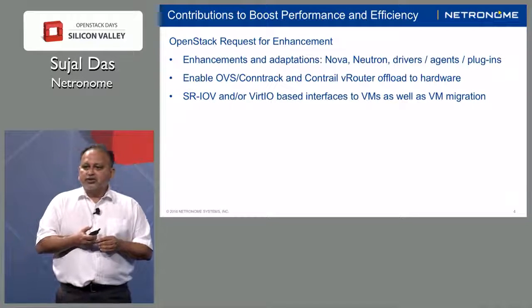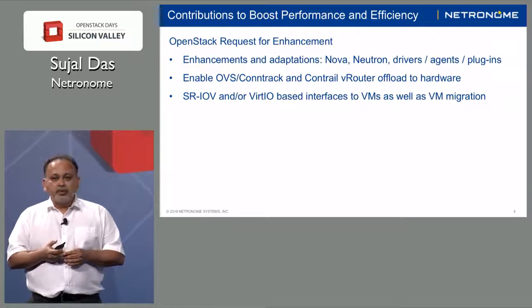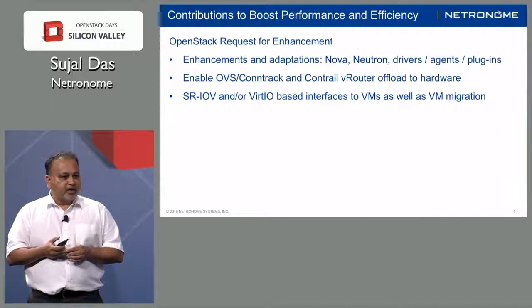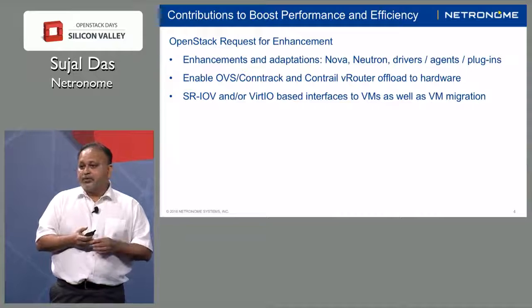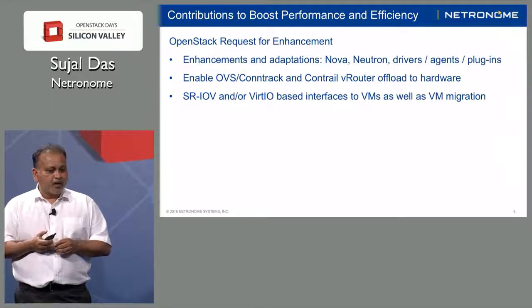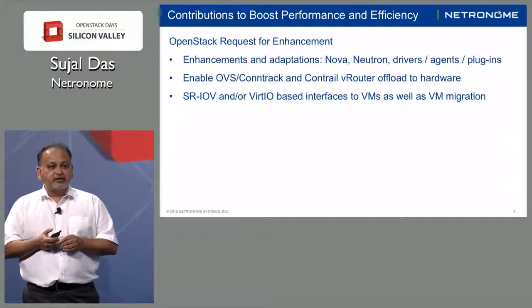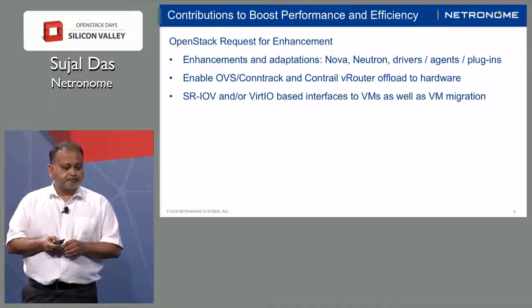The RFE is also associated with the use of SR-IOV and VirtIO-based data delivery mechanisms to VMs to accelerate data delivery, as well as preserve the ability to do VM migrations. So these are key innovations that Netronome is working on with the OpenStack community.